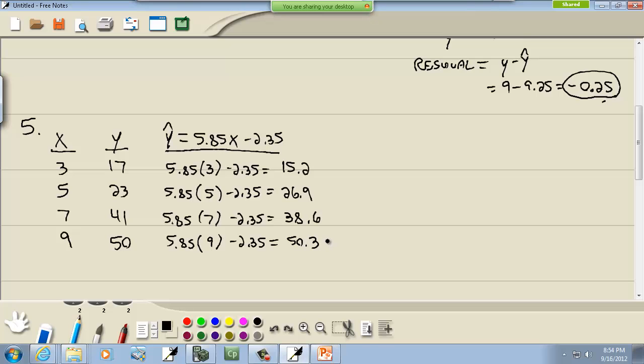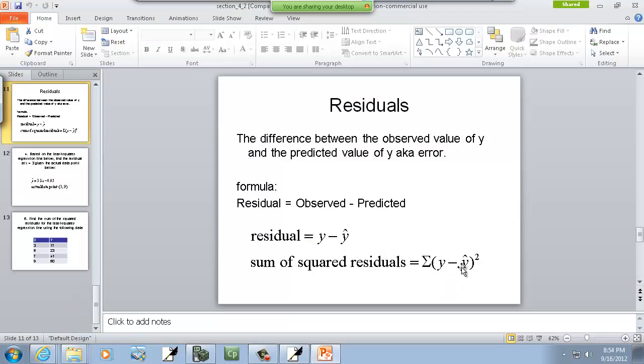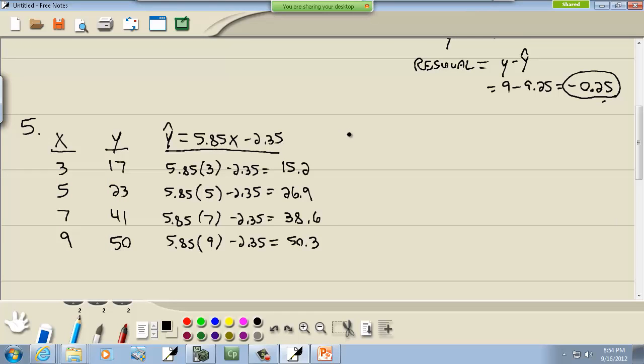Okay. Well, this says y minus y hat, so we need a column for y minus y hat. Take this y value, which is 17, minus y hat, which was 15.2. Take 23 minus 26.9. 41 minus 38.6. And 50 minus 50.3. Some of these I'm sure are pretty easy.